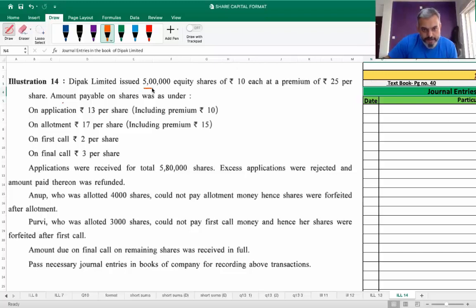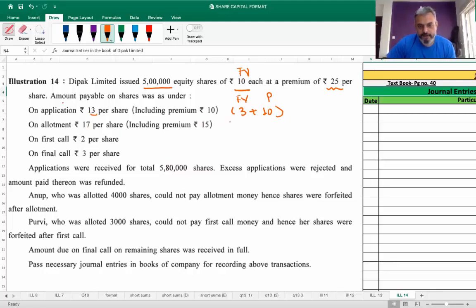So this is our face value. Amount payable on share was as under. Application 13 per share including premium of 10. So write 3 plus 10. 3 is for face value and 10 is for premium.